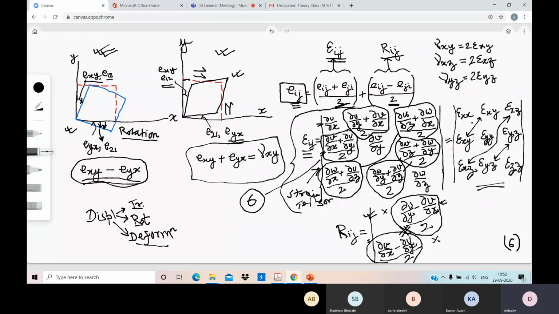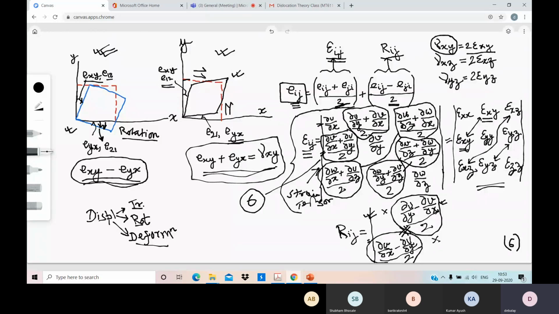And often in place of this xy shear strain, the term gamma is used. So instead of epsilon xy, often it is represented by gamma xy, where gamma xy basically represents the total angular change on the plane. So gamma xy equal to 2 into epsilon xy, equal to 2 into epsilon yx, because xy and yx are the same.